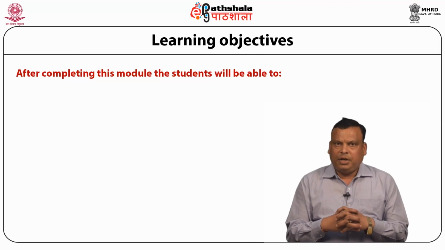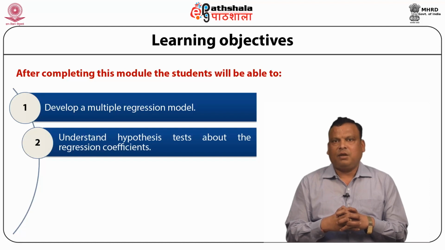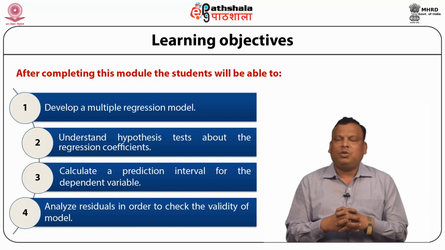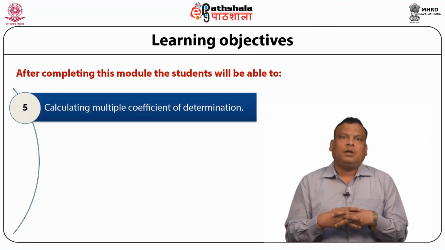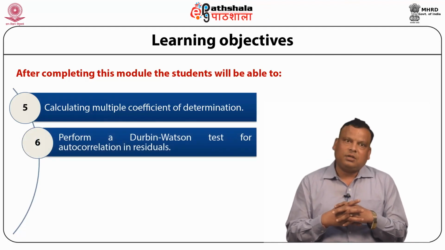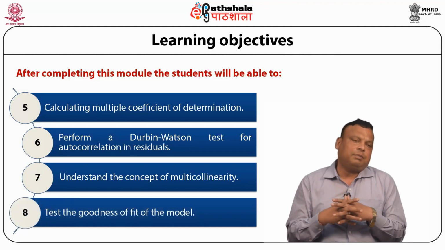After completing this module, the students would be able to develop a multiple regression model, to understand the hypothesis tests about the regression coefficients, to calculate a prediction interval for the dependent variable, to analyze residuals in order to check the validity of the models, to calculate the multiple coefficient of determination, to perform a Durbin-Watson test for autocorrelation in the residuals, to understand the concept of multicollinearity, and to test the goodness of fit of the proposed multiple regression model.